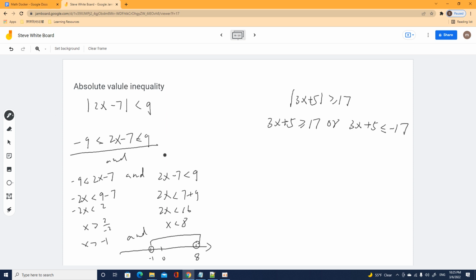So remember, let's see the difference. When absolute value is smaller than a number, this can be expressed with and. But when absolute value is greater than a number, this can be expressed with or. So remember this rule. This is very important. Now we solve it.